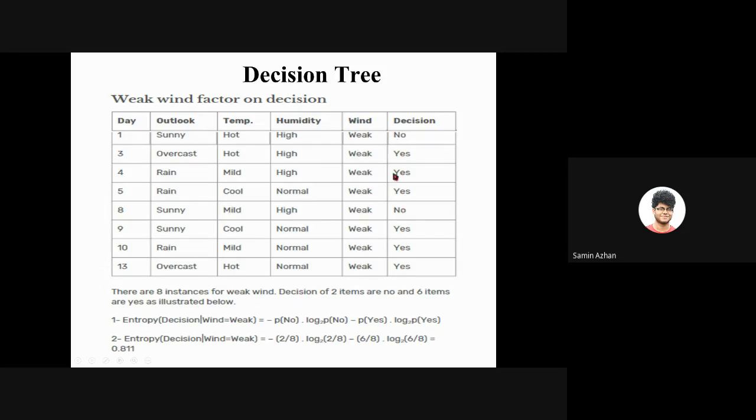We have two nos out of eight rows: one, two, three, four, five, six, seven, eight. So among those eight rows where wind is equal to weak, there are two nos and six yeses.